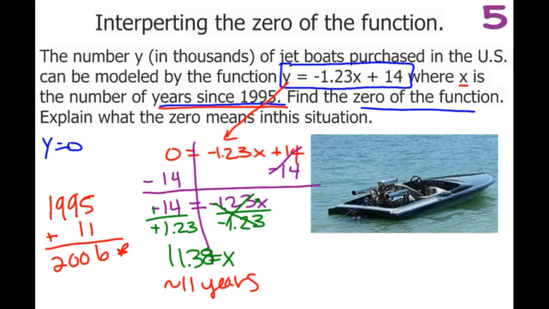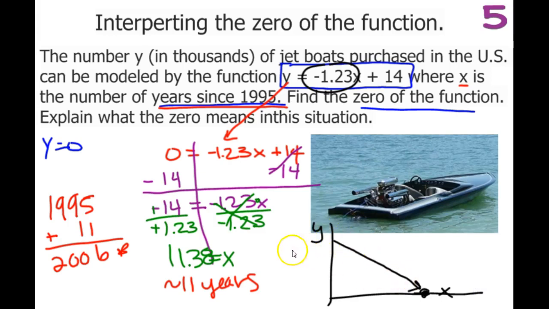Now what does that mean? The number of jet boats is modeled by this function. We know our slope is negative, so our slope is going down. So our 0 of a function, where we cross the x-axis, is where our money has reached now 0. Or not our money. This is when the number of jet boats reaches 0, because y is the number of jet boats and x is the number of years.